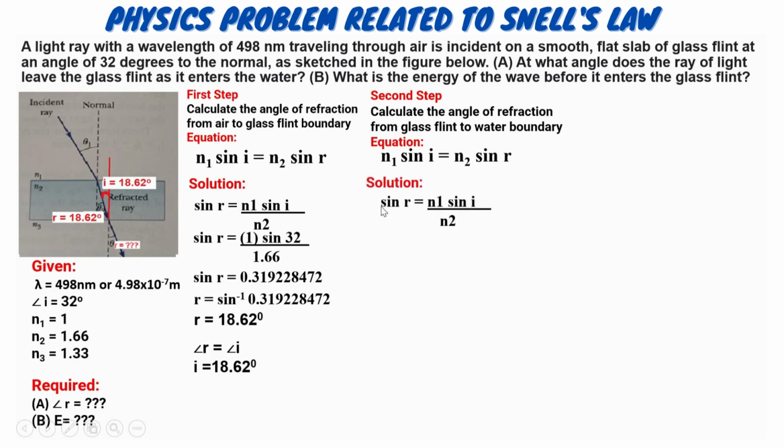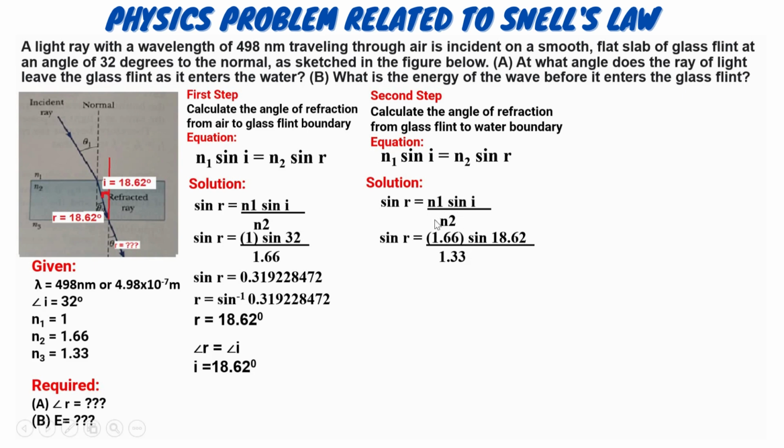Rearranging the equations, we have sine r is equal to n1 times sine I all over n2. Substituting the values, this time our n1 is the glass plane, which is 1.66, and for our angle of incidence, this time we will make use of 18.62, since this is also equal to the angle of refraction that we have calculated a while ago. Again, this is the concept of alternate interior angles.